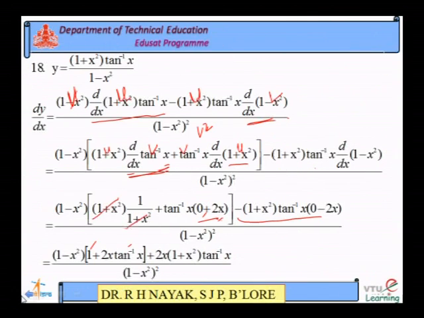So far we have discussed many problems based on constant into function, sum or difference of functions, problems on the product rule when a product of two functions is given and a product of three functions is given, and we have done problems on the quotient rule.